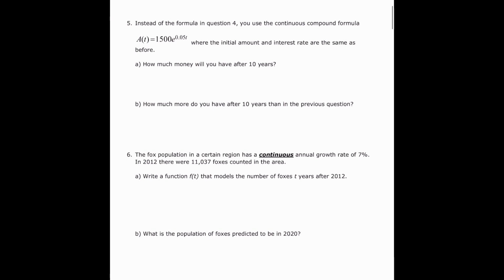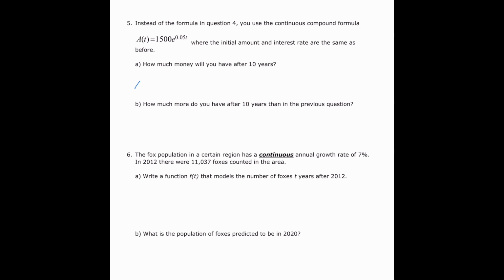Now, because that is the same question, I'm going to continue to the next page. Instead of the formula in question number 4, you use the continuous compounding formula, A of t is equal to 1500 e to the 0.05t, where the initial amount and interest rate are the same as before. How much money will you have after 10 years?